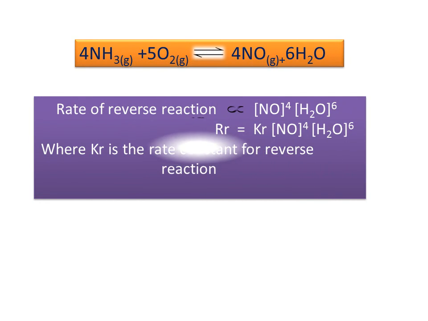Now the rate of reverse reaction will be directly proportional to concentration of nitric oxide, concentration of water, where Rr is equal to Kr, concentration of nitric oxide, concentration of water. Where Kr is the rate constant for reverse reaction.